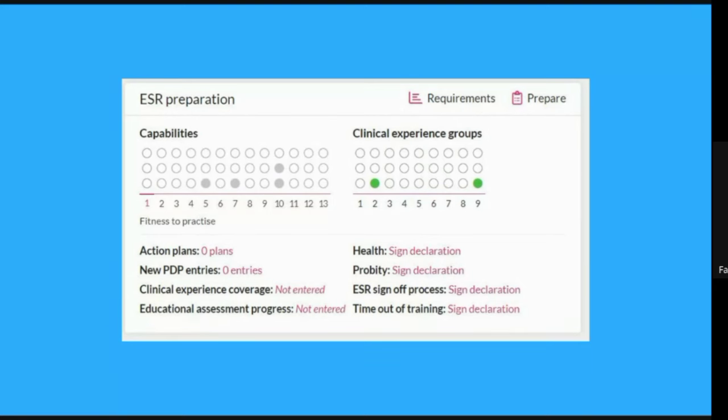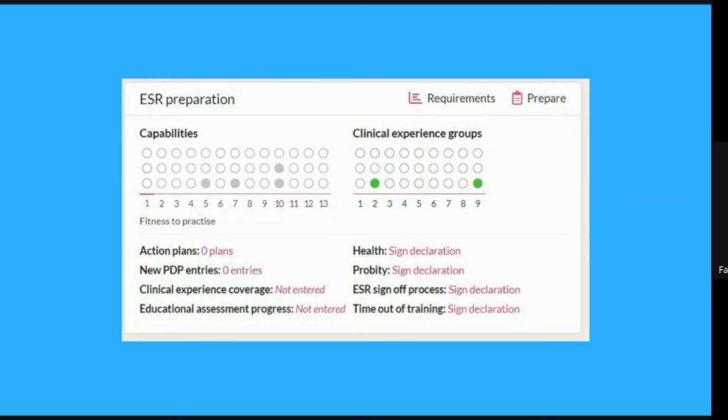So your educational supervisor might say, it's fine, you can just send the entries to your clinical supervisor to sign off. So a clinical supervisor, when you're in a primary care post, can also sign it off for you, just as your educational supervisor can sign off your clinical case review entry.